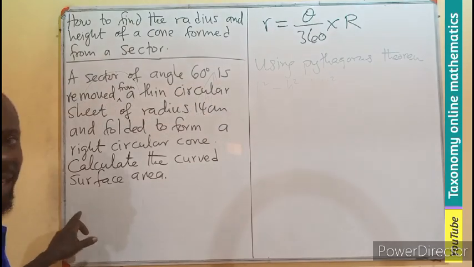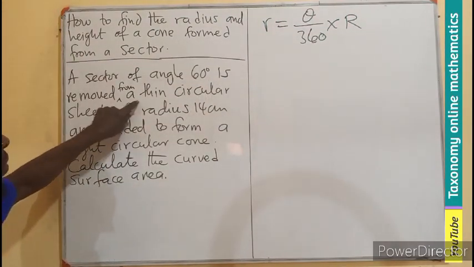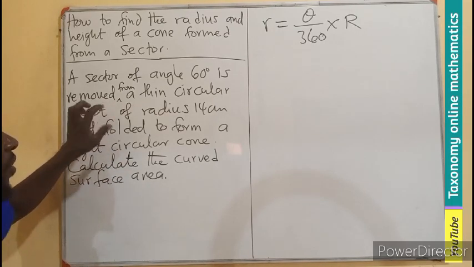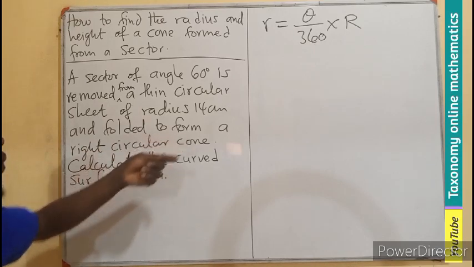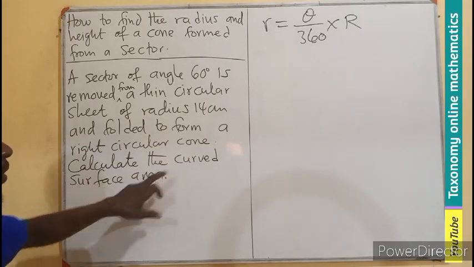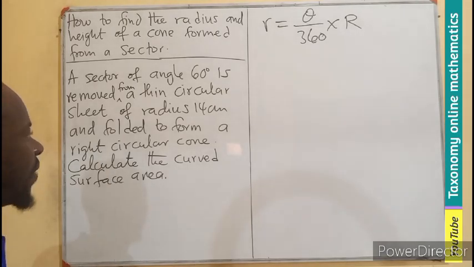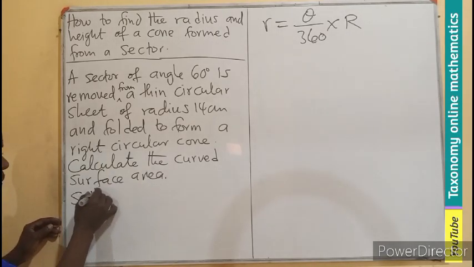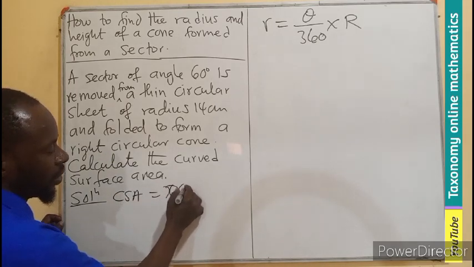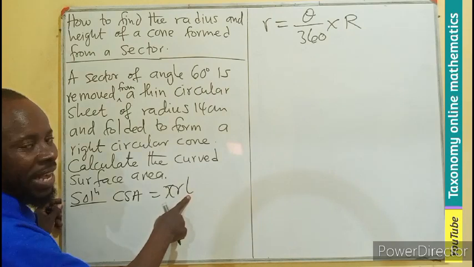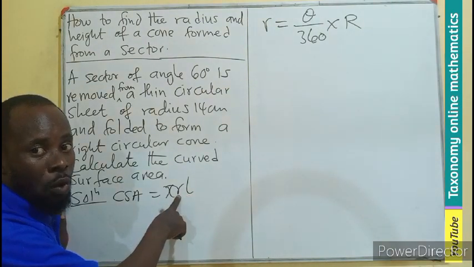So we have a question like this. A sector of angle 60 degrees is removed from a thin circular sheet of radius 14 centimeters and folded to form a right circular cone. Calculate the curved surface area of the cone. We know the curved surface area is pi r L, where L is the slant height and r is the radius of the cone.